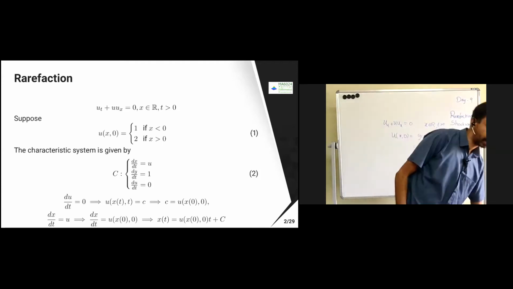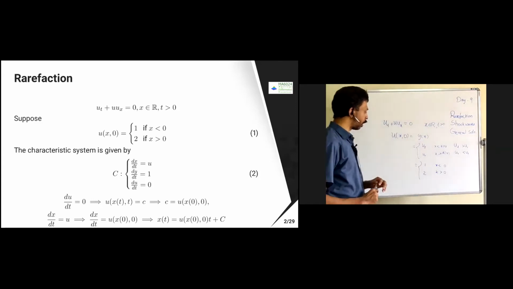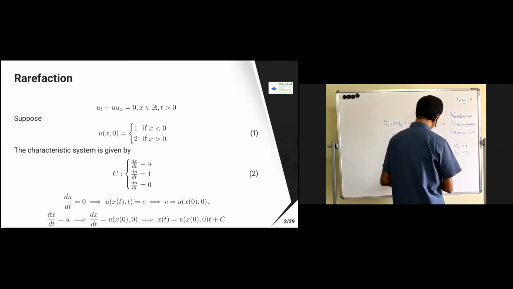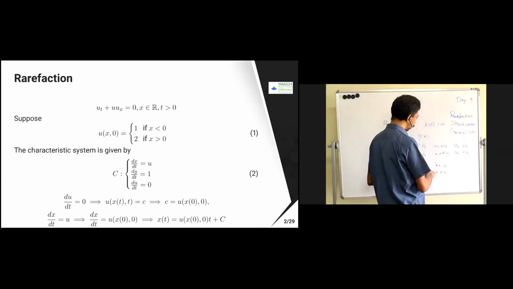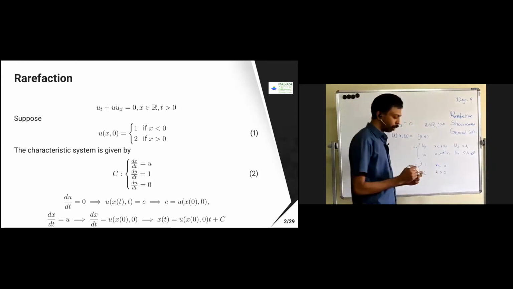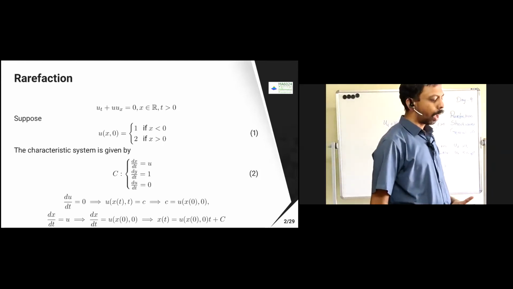I didn't define anything at x equal to 0. So 1 if x is less than 0, 2 if x is greater than 0. Since 1 is less than 2, this comes under this picture. This kind of problem is usually called a rarefaction problem.